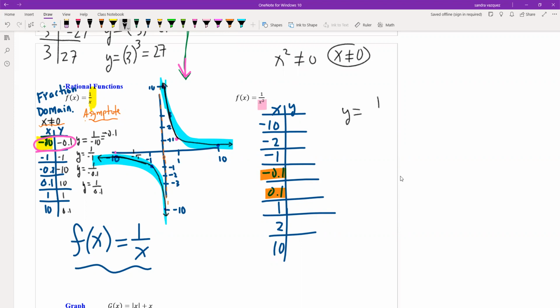Use your calculator, so this will be 1 over negative 10 squared. When you do it in the calculator, make sure you do it carefully. It's 1 divided by parentheses 10 squared, okay? And that will be equal to 0.01.